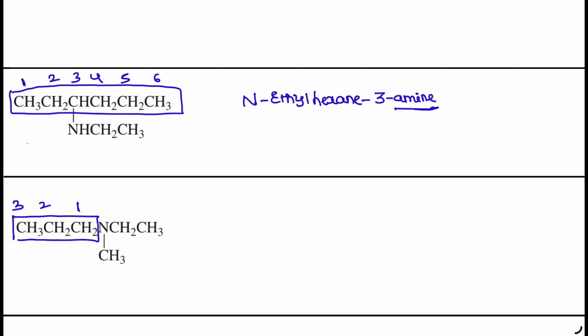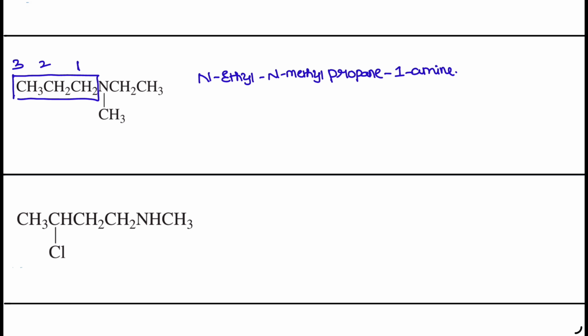They are prefixes, alphabetical order we have to use. So that is N-ethyl, N-methyl. Prefix is over, root word prop, primary suffix ane, amine is at the first position. So here this is the IUPAC name of that tertiary amine.